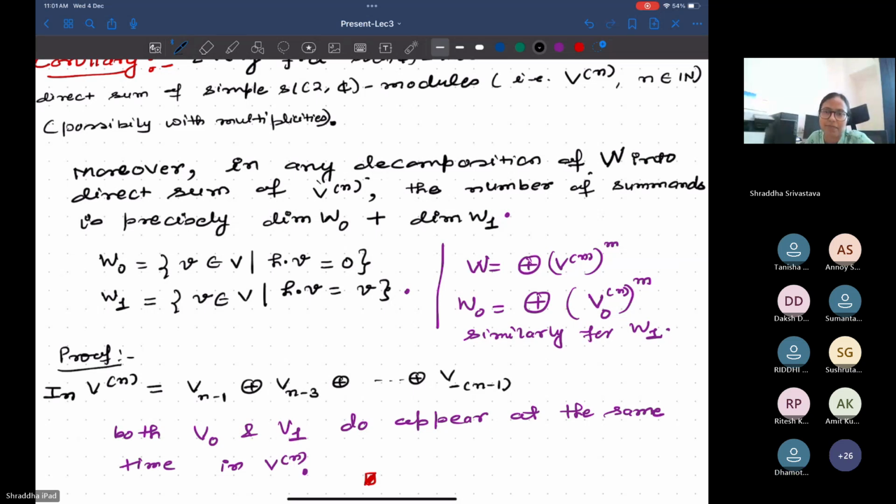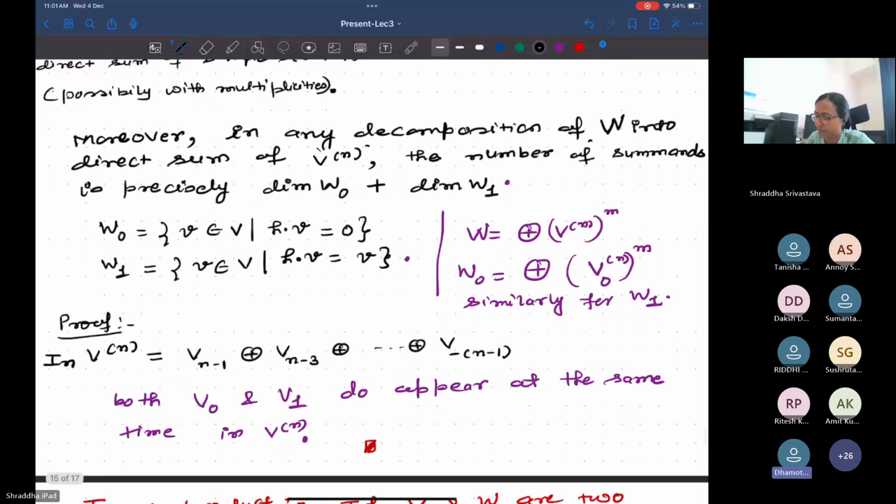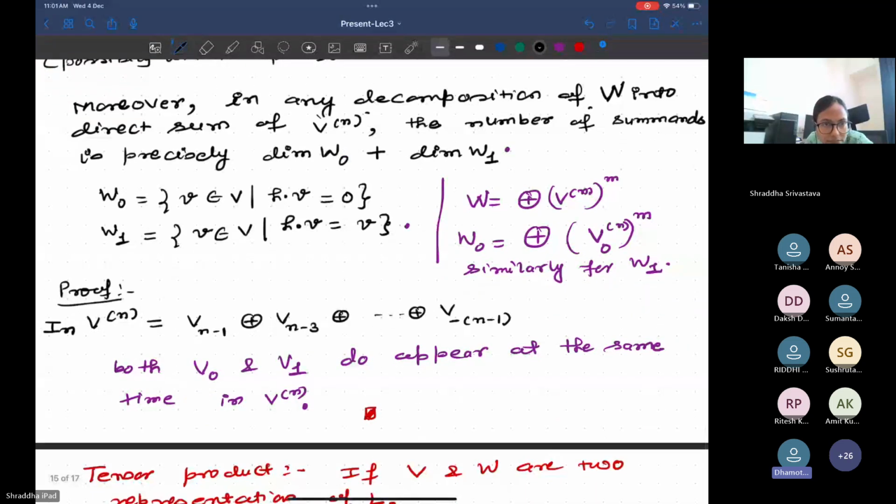Ma'am, actually here, the 0 and 1 eigenspaces we took mean integers are the possible eigenvalues, H eigenvalues. Is it? Say it again. We decompose V as a direct sum of irreducibles, right?